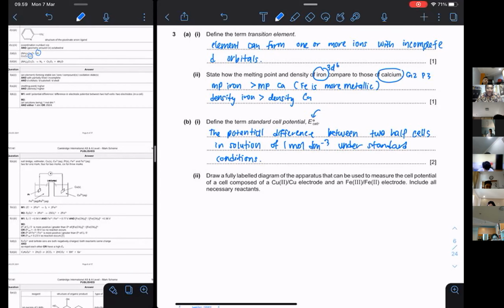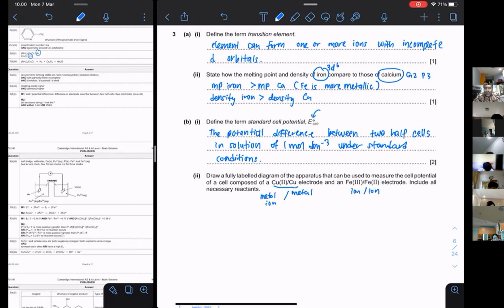And then they say draw a fully labeled diagram of the apparatus that can be used to measure the cell potential of copper 2 plus. So you see this one is metal and metal ion, and this one is ion and ion. I hope you remember how to draw all this.